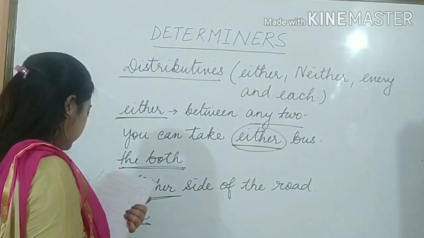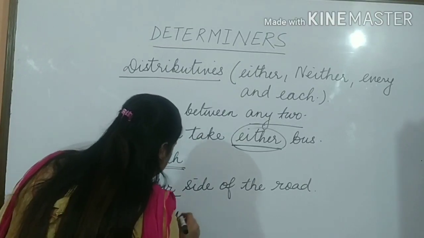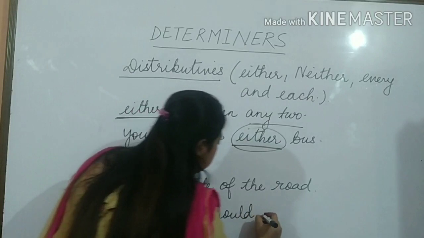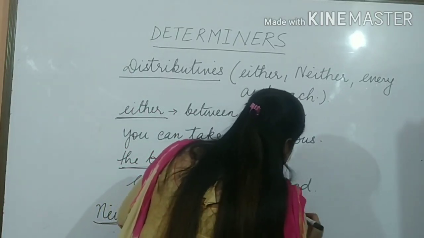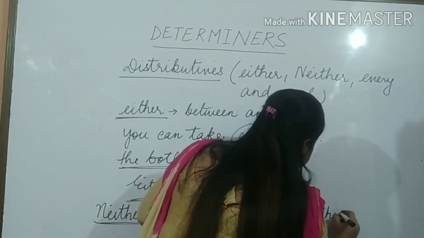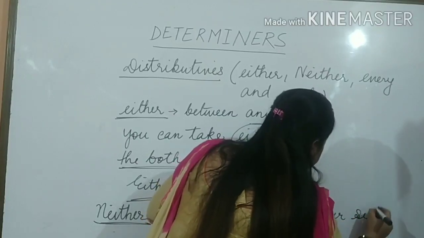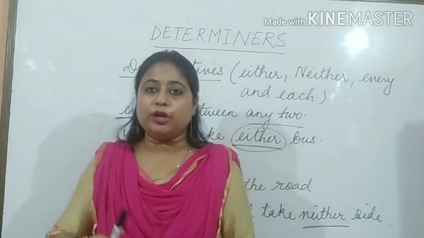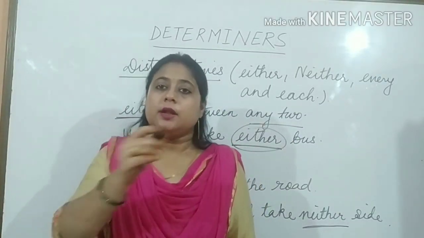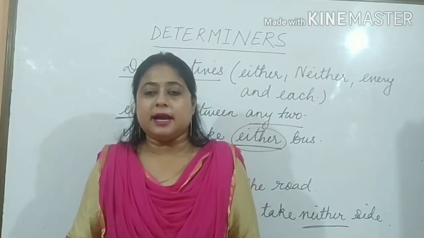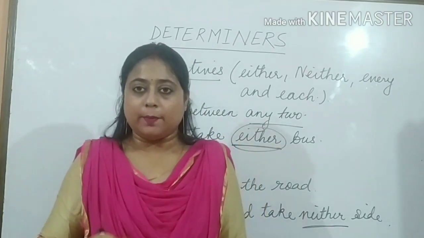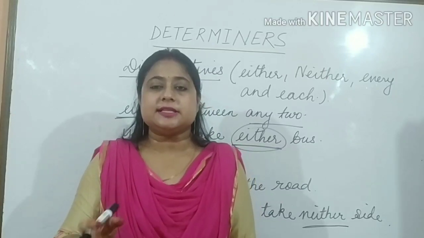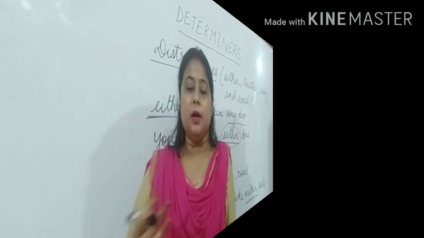For example, you should take neither side. Means what? That you should not take any one of the sides, neither this side nor that side. So it is the opposite of either, and we use it in the sense of none of them.